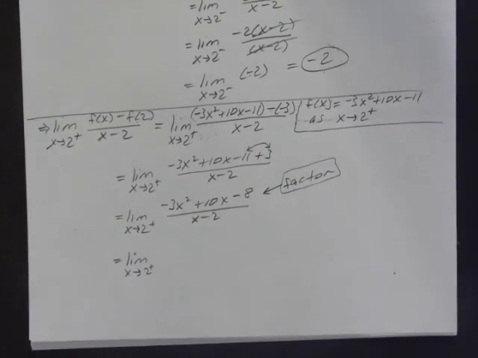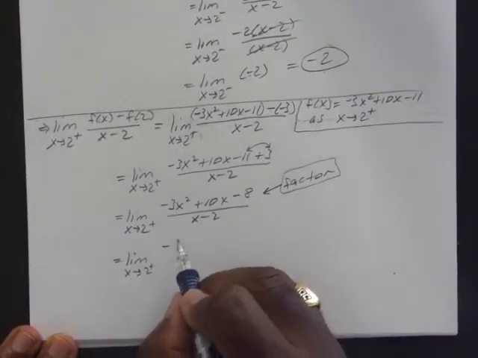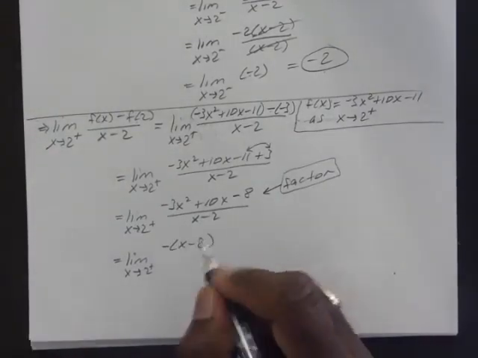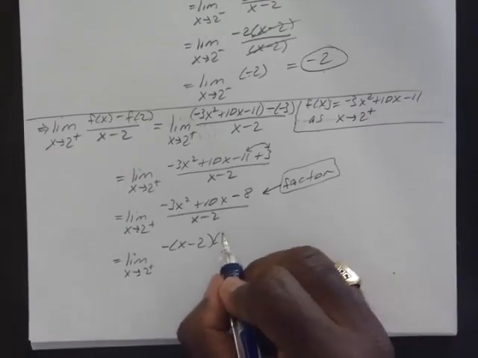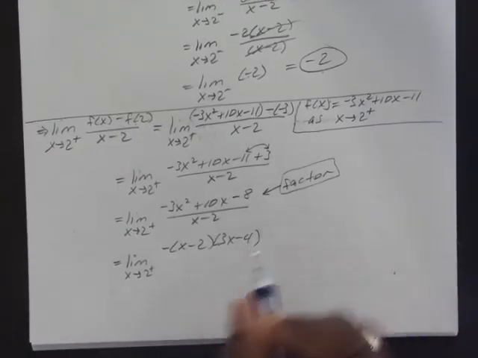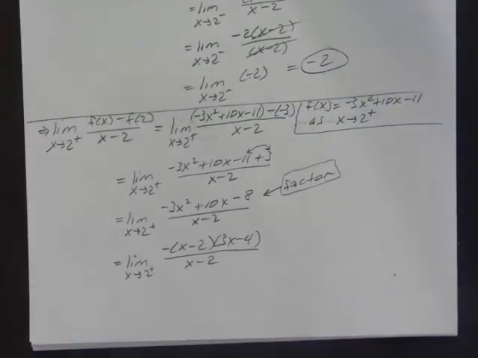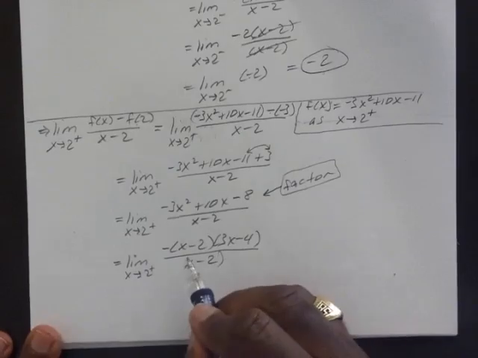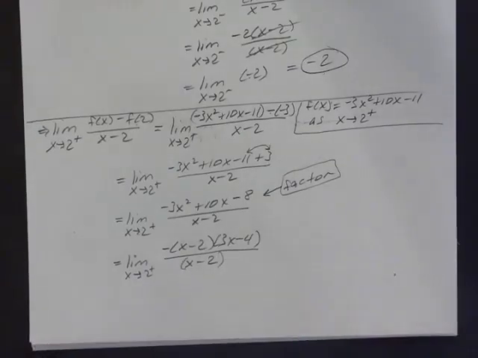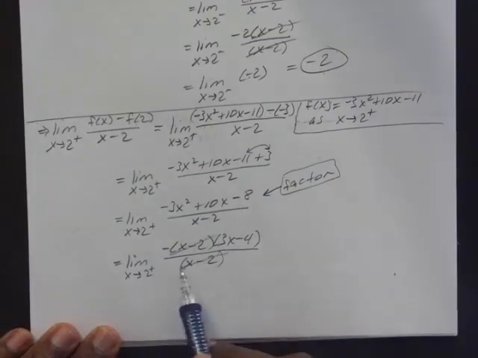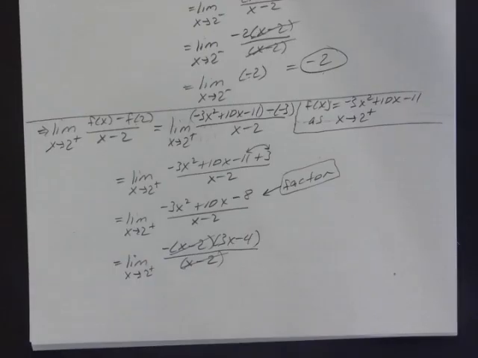If we factor that, we'd end up with negative (x minus 2) times (3x minus 4) divided by (x minus 2). I can put parentheses around this one, where, of course, the x minus 2s cancel each other out.